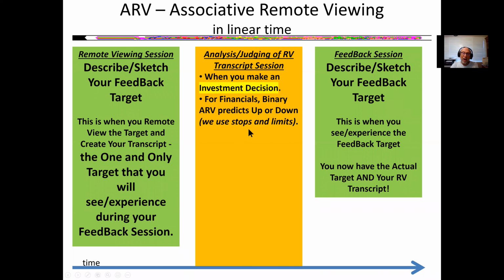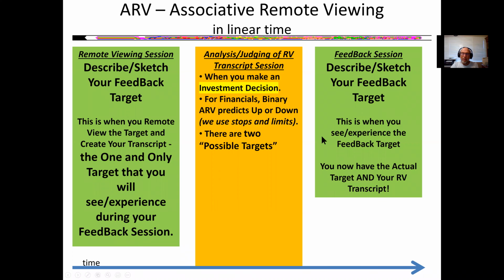Now, for financials, and here we are doing binary ARV. So for the financials, it turns out we'll always be predicting either an up or a down. Now, we use stops or limits, and we can talk about that later, but the key is it's binary and up or down from some starting point with stops or limits.